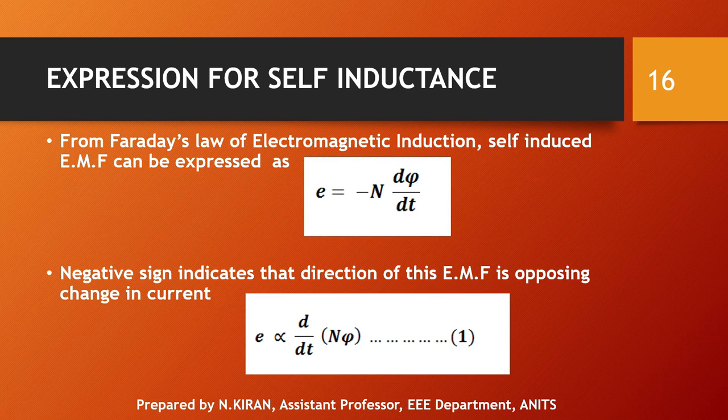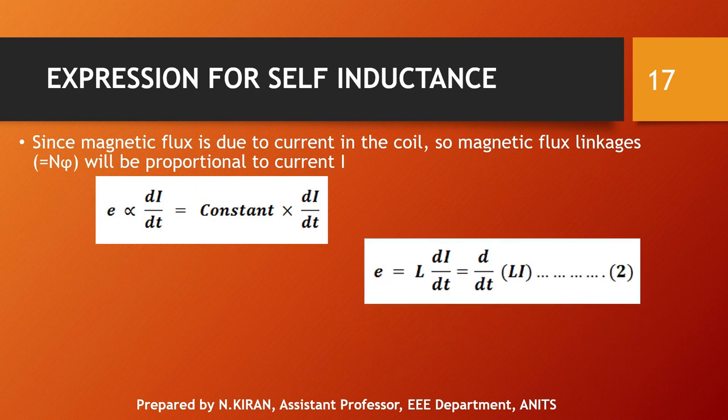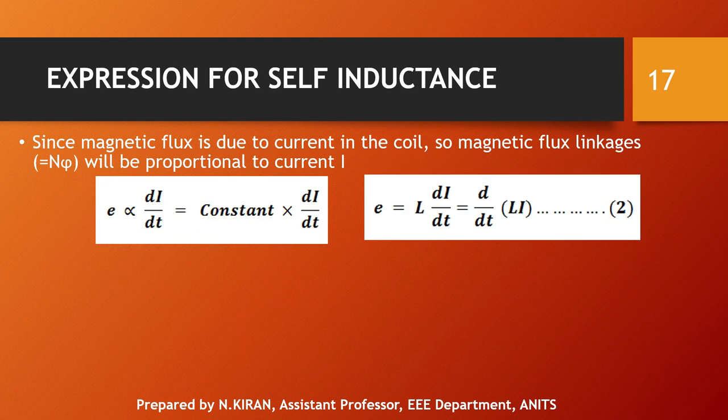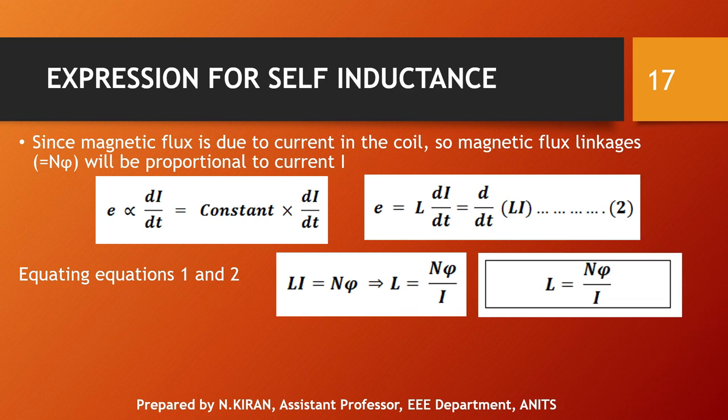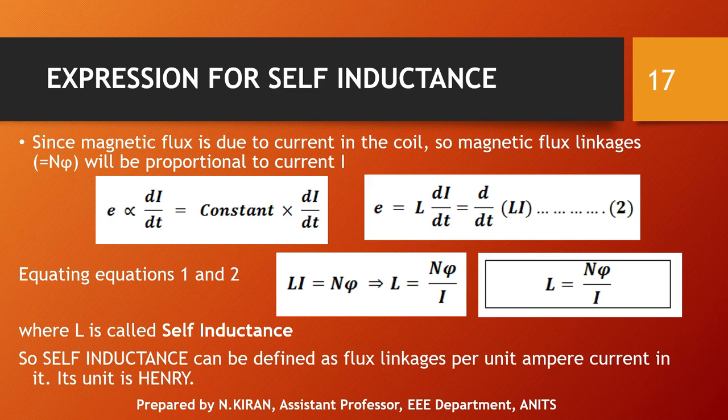The first equation is E proportional to d by dt of N phi, and the second equation is E proportional to d by dt of L into I. I'll equate these two equations, so we get Li equal to N into phi, that is, L is equal to N phi by I. From this expression of self-inductance, we can define self-inductance as the flux linkages per unit ampere current. Henry is the unit of self-inductance.